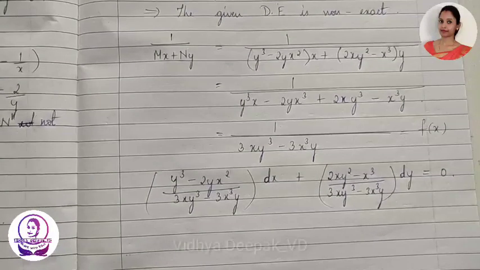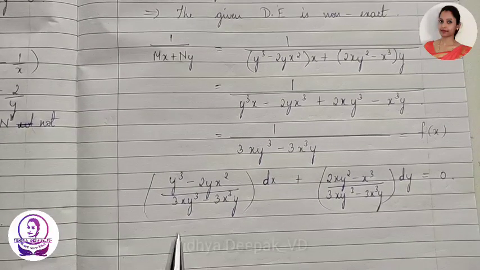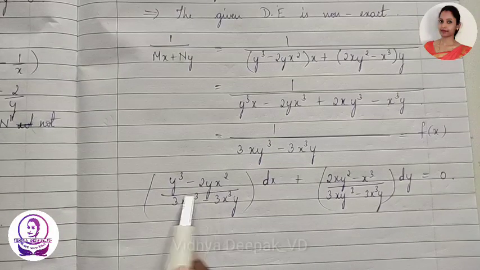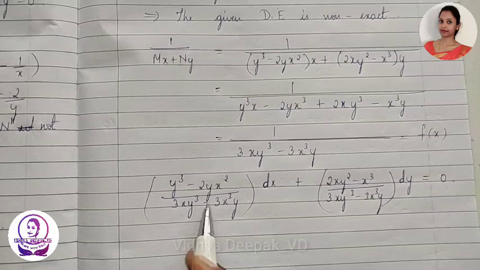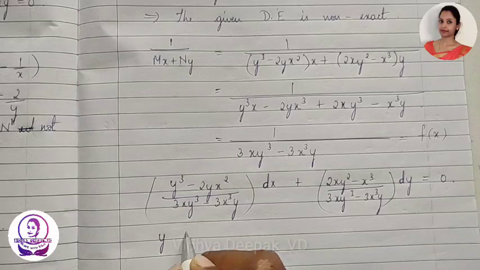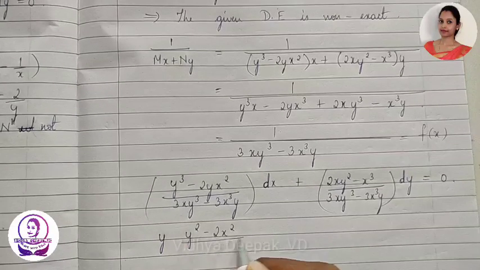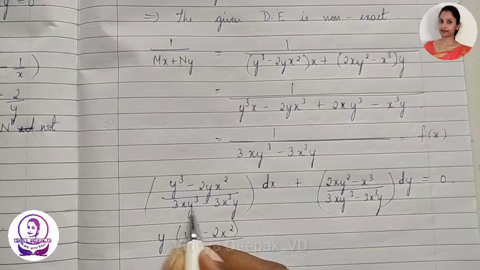So now, instead of splitting the denominator, do we have any common factor here? Yes, right? y is common in the numerator, so this becomes (y² - 2x²) divided by, do we have anything common here?